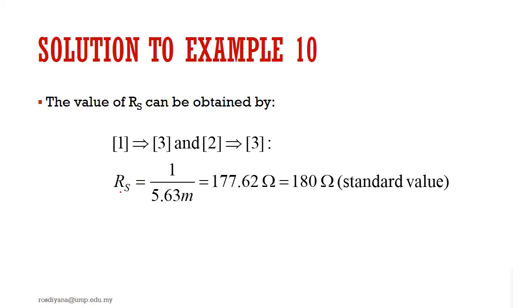So we get RS equal to 1 over 5.63 milliampere. And finally we get 177.62 ohm for the RS. And this is not the final value. You need to find the nearest value in the standard value table, and we get 180 ohm for the final value.